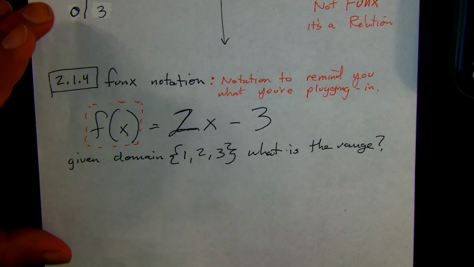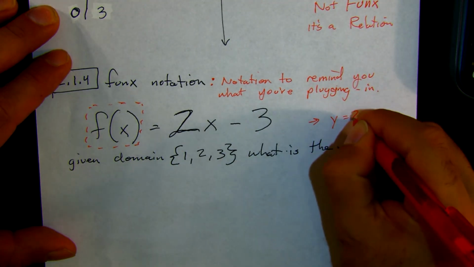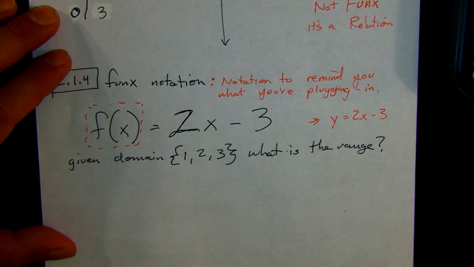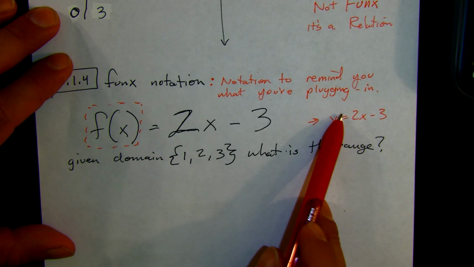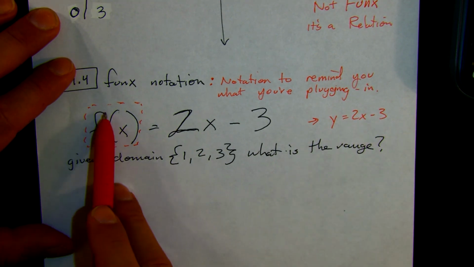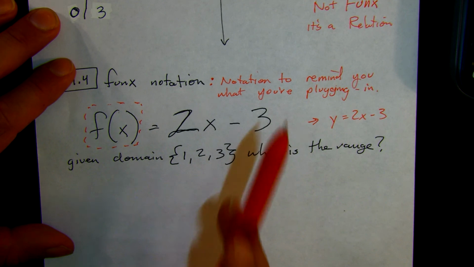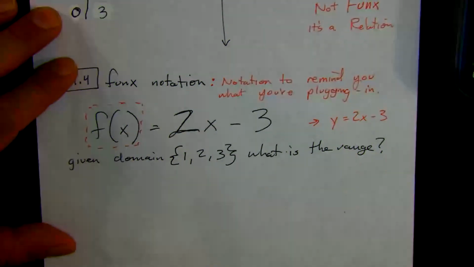This right here is the function notation. And so far, I could write this exact same equation as y is equal to 2x minus 3. That would be basic notation, just x and y in a regular equation. But function notation is there to remind you what you're plugging in. That's the usefulness of it.